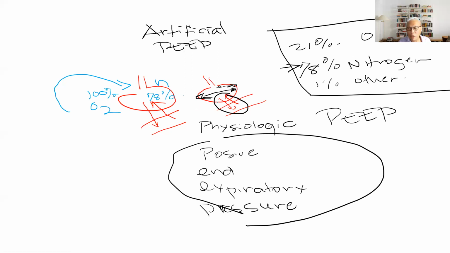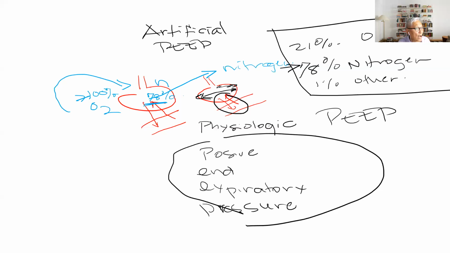Which one will be stronger, the oxygen or the nitrogen? Yes, the nitrogen will be stronger because it's 78%. I mean the oxygen at 100%, I'm sorry, the oxygen will be stronger. And so what it does is it blows off or washes out the nitrogen away.